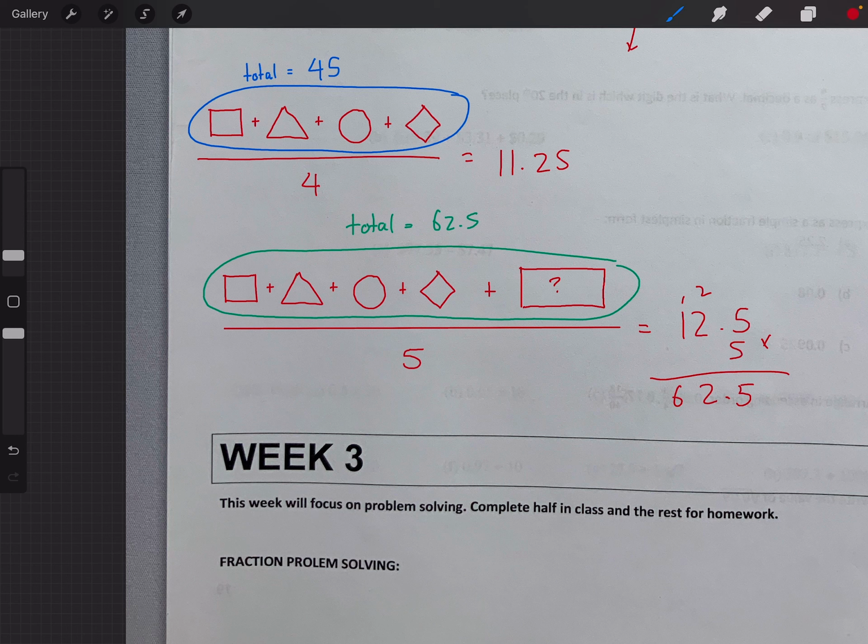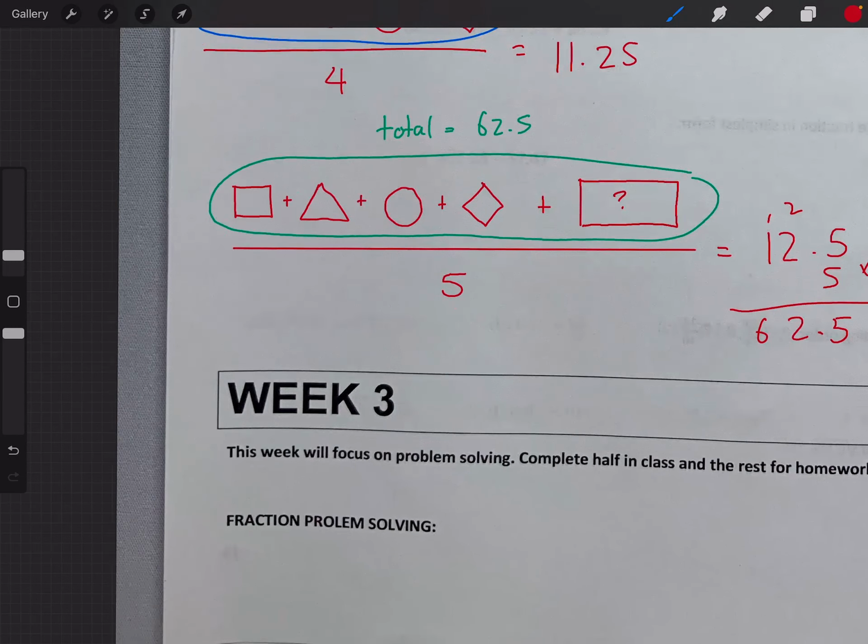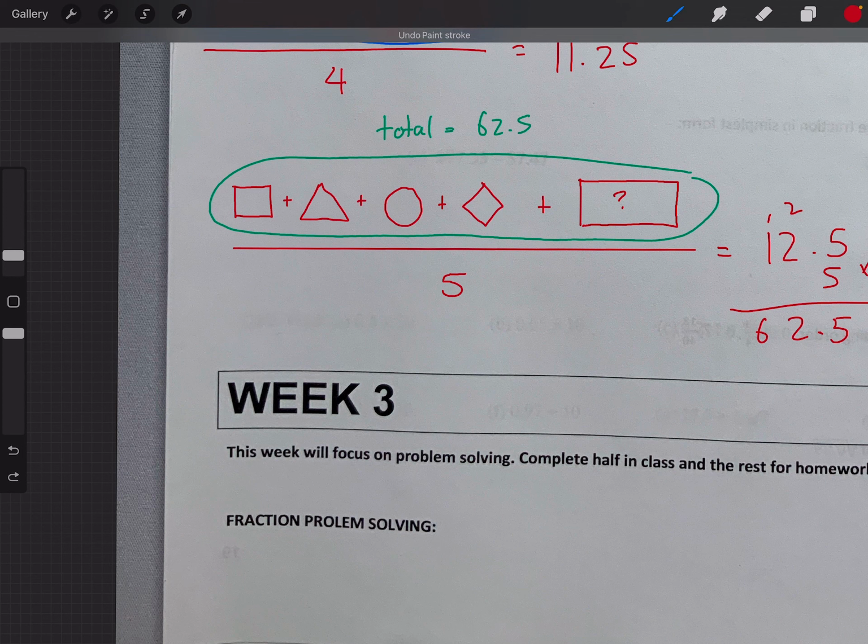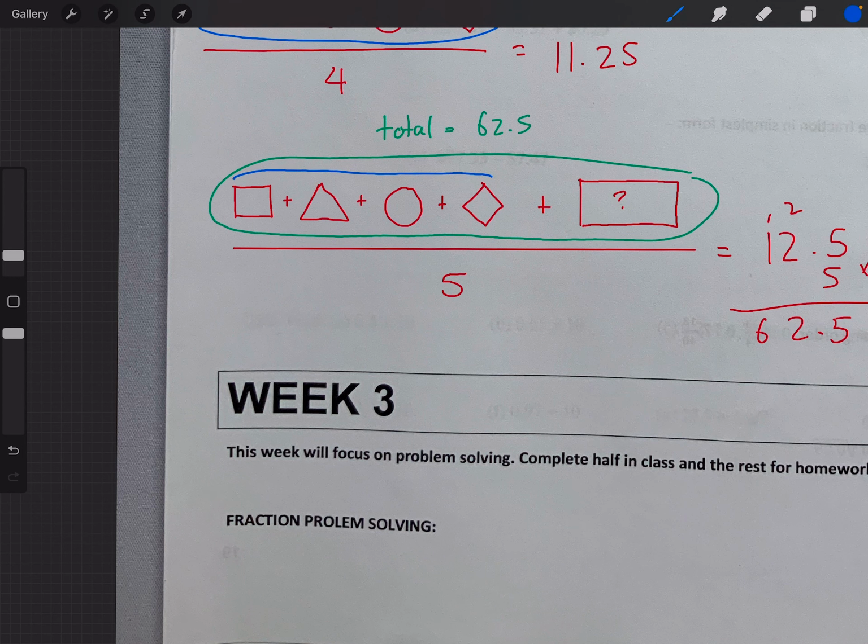Now, the question was this mystery number. We know the first 4 numbers, so let me just rewrite this.